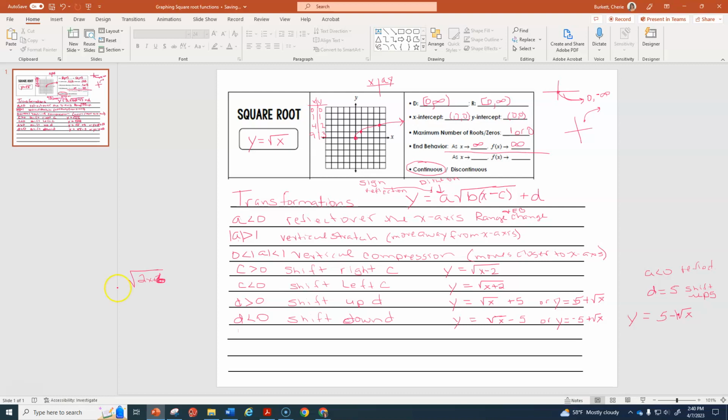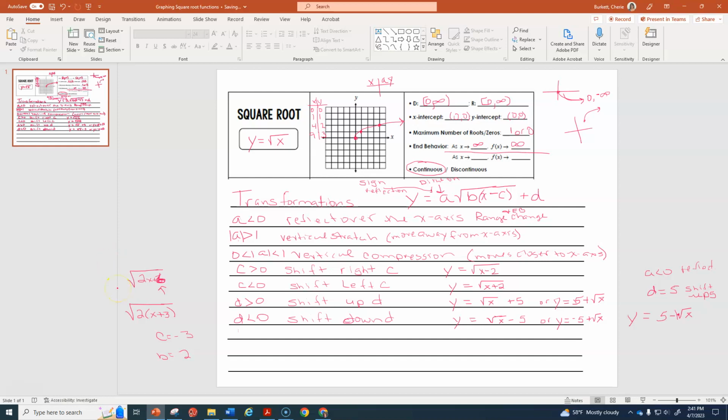If I see 2x plus 6, that 6 is not C. I'm going to say that again. That 6 is not C. Why? Because the coefficient of the x is a 2. This needs to be rewritten as 2 times x plus 3. Now you can see that the C value is actually negative 3 and the B value is 2.